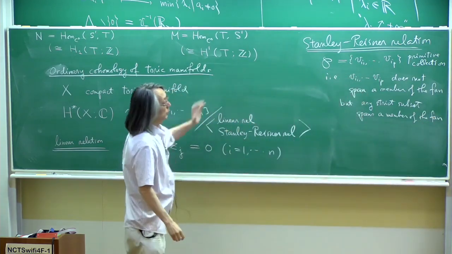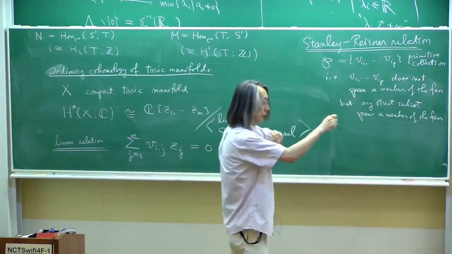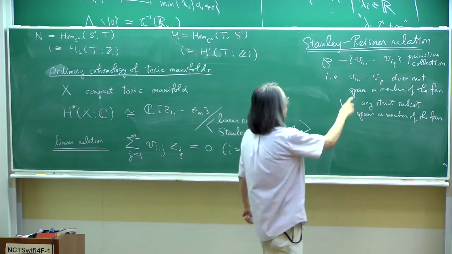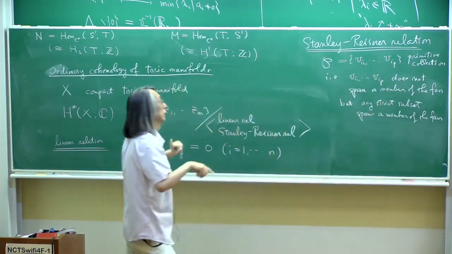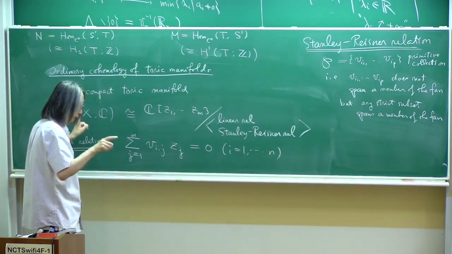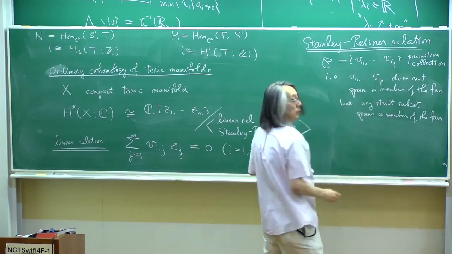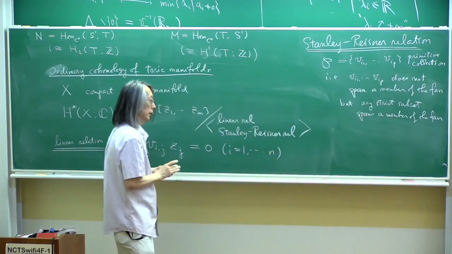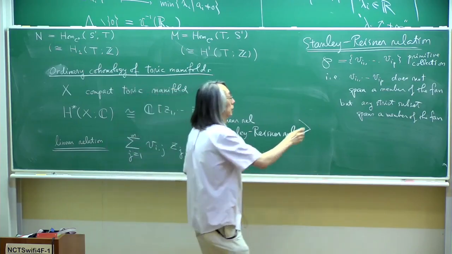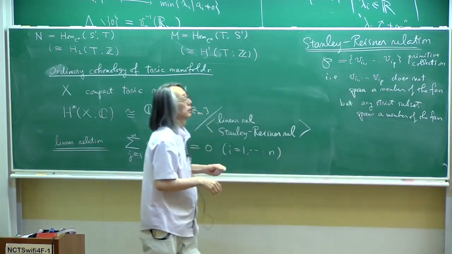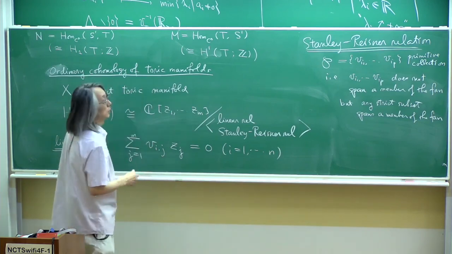As I said in the fan picture, each cone is spanned by certain primitive vectors, and so v1 to vm are all generators of the one-dimensional cones. Then consider a collection of such primitive vectors and the condition that the span of them is a member of the fan we started from.